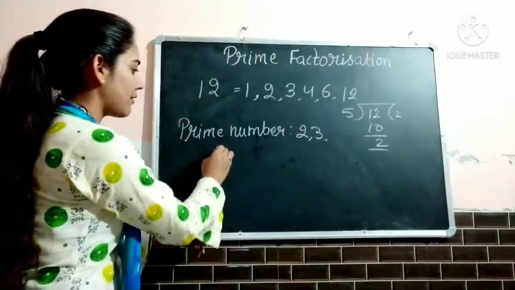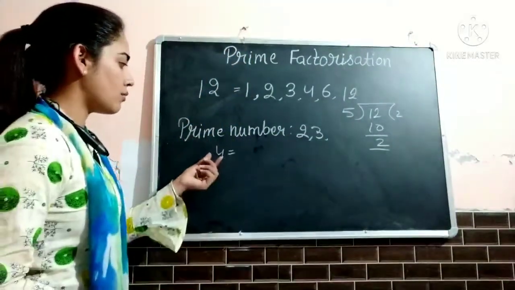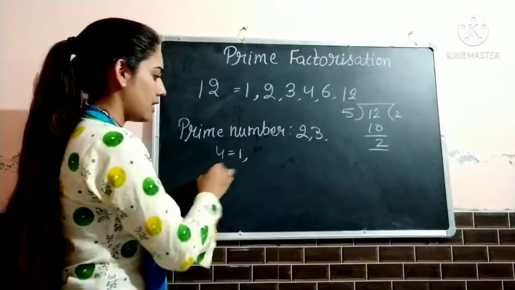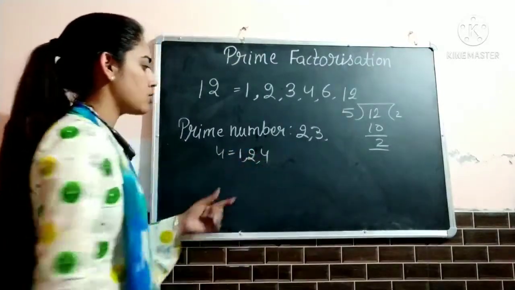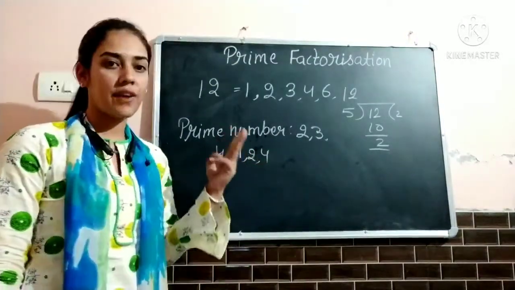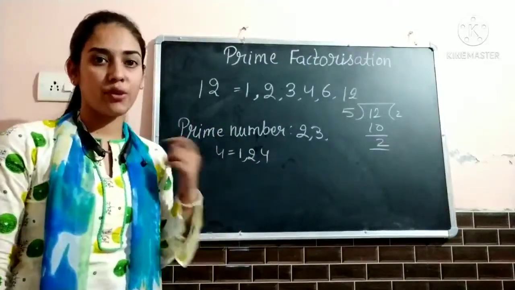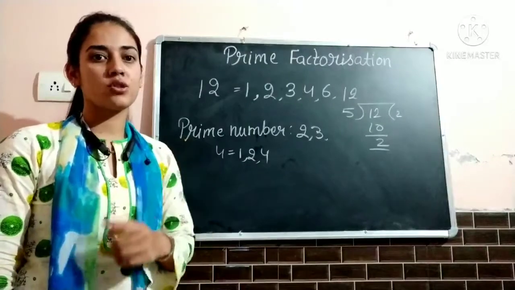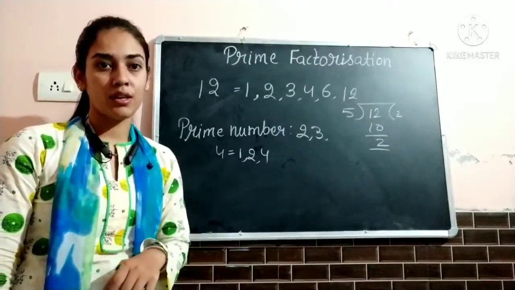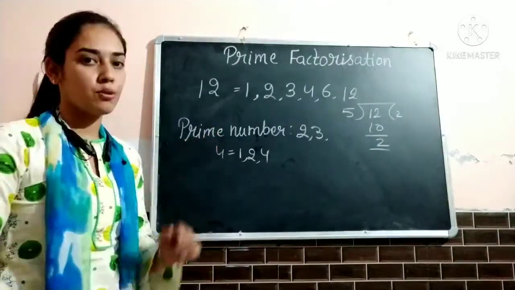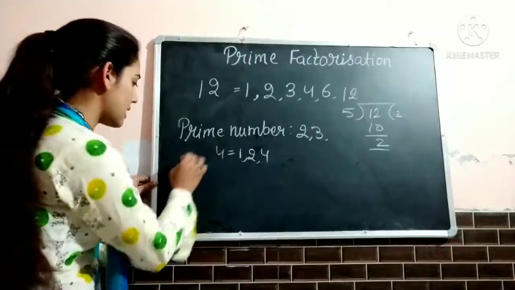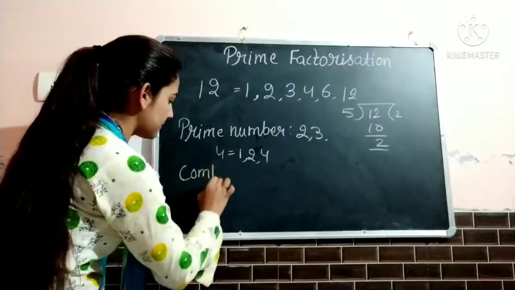Now 4. If I write 4, then 4 has factors 1, 2 and 4. So look here, 4 has 3 factors, so 4 is not a prime number. Then what is 4? Students, 4 is a composite number.